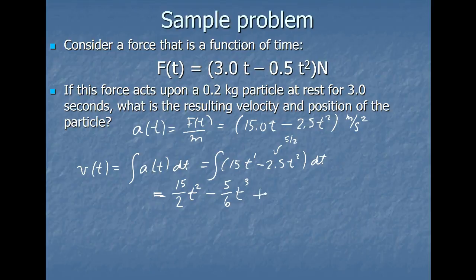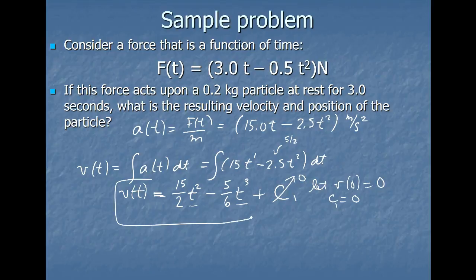And then we're going to add c1 to this, but we're going to assume that v of 0 is 0, and since each of these terms has a t in it, this means that c1 is 0. So that's gone, and v of t is just going to be this expression right here.